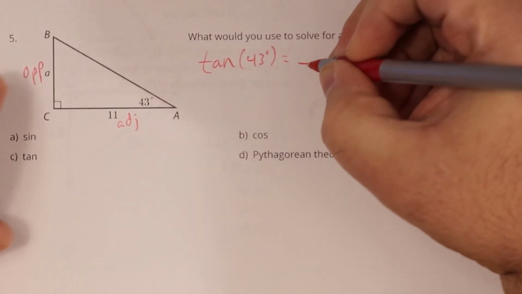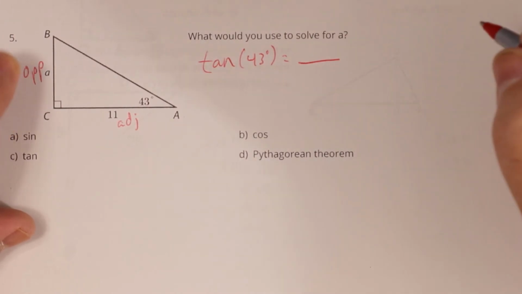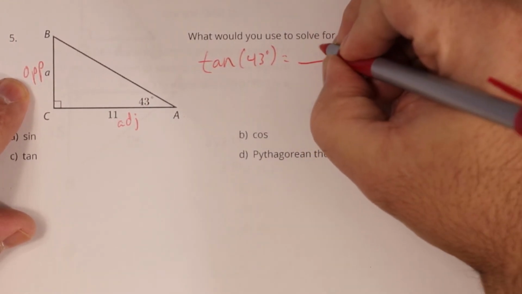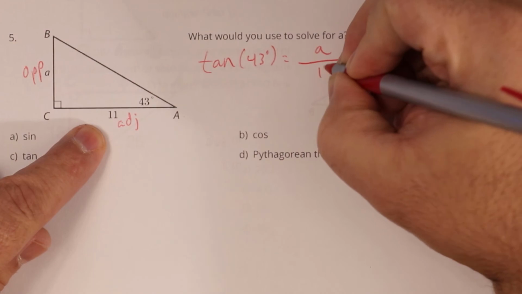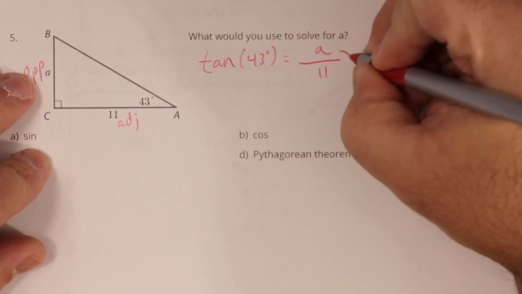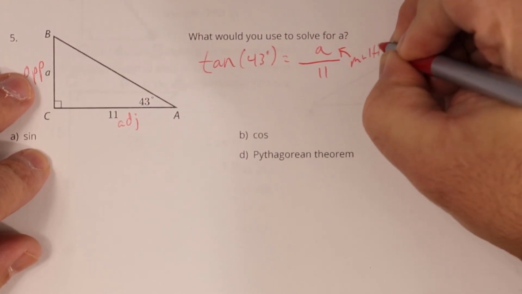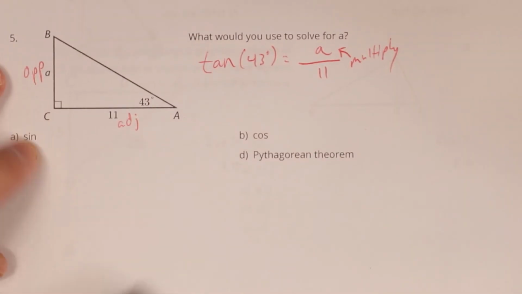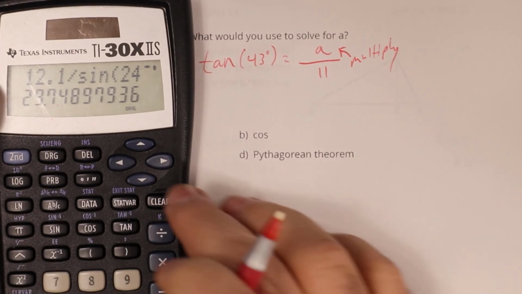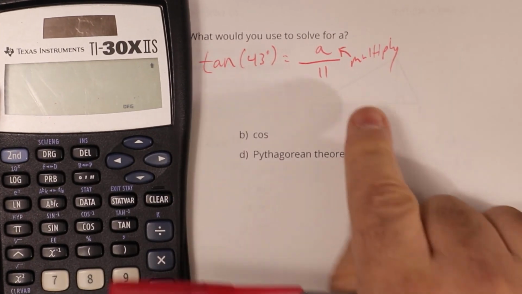And for the fractions, for SOHCAHTOA, opposite goes on top, so A, and adjacent goes to the bottom, 11. This time, our variable's in the numerator, it's on the top. So we're going to multiply. We'll go directly into my calculator from there.